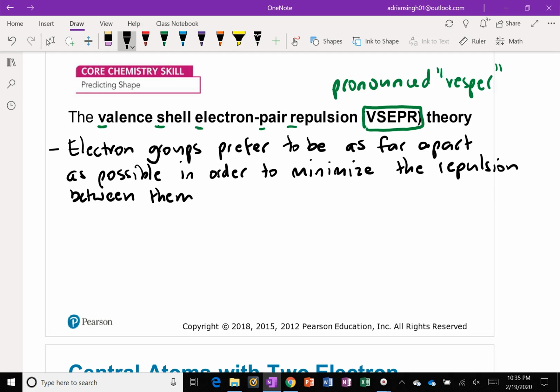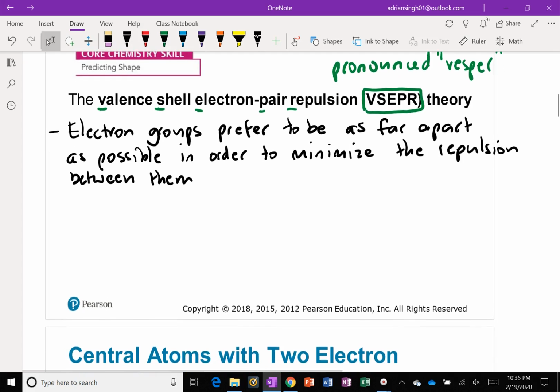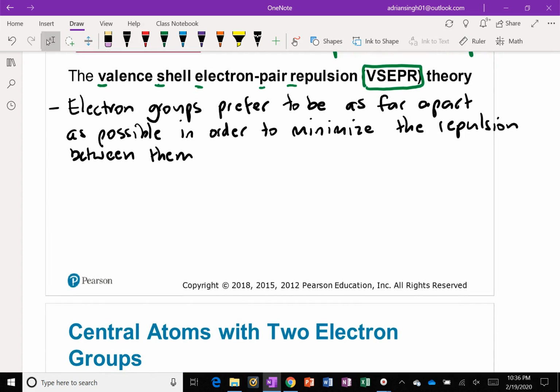Right, so there's a little bit of stability associated with this VSEPR theory. If you minimize the repulsion, the shape is going to be most stable.